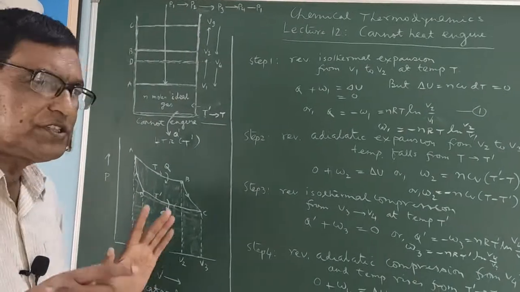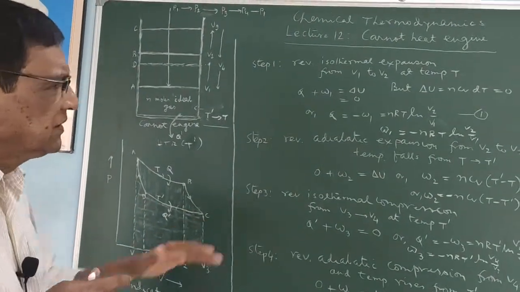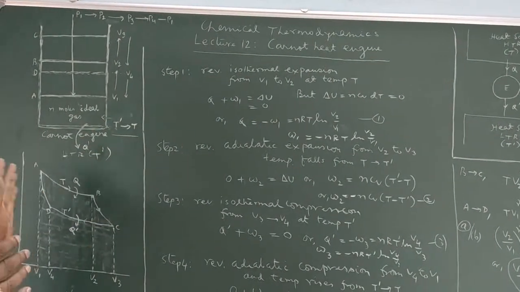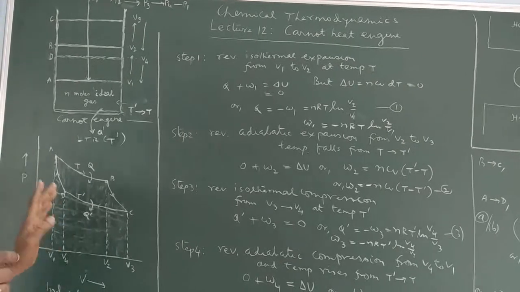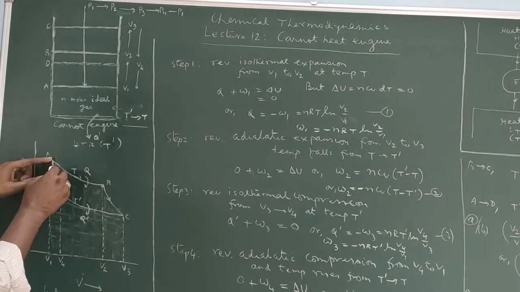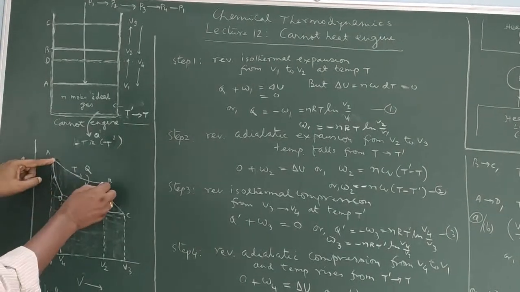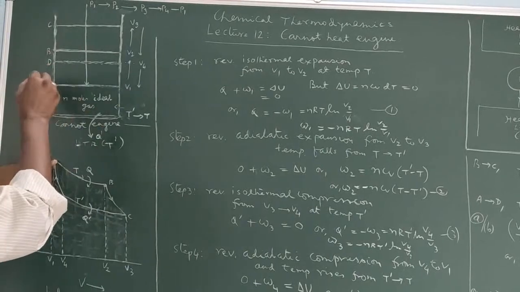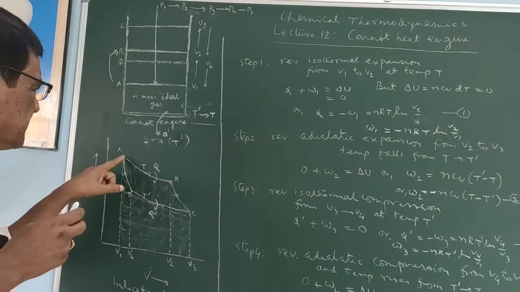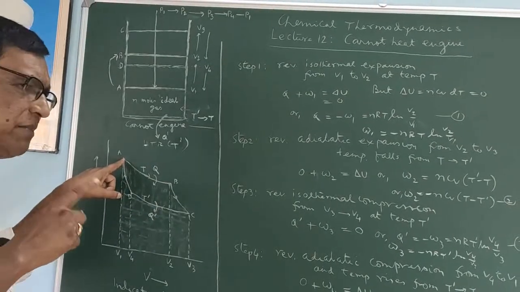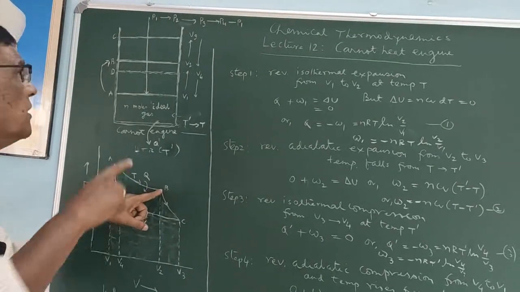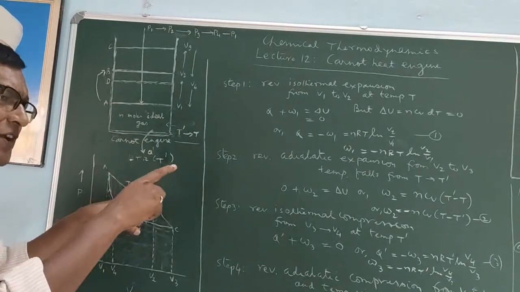So if we draw this indicator diagram, then the work done by each step can be shown by means of this indicator diagram. First step, W1, is A to B. This is the first step. Coordinates of A are P1 and V1, and coordinates of B are P2, V2 at T. T remains the same.